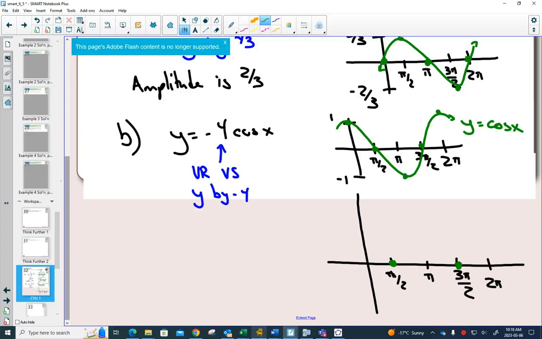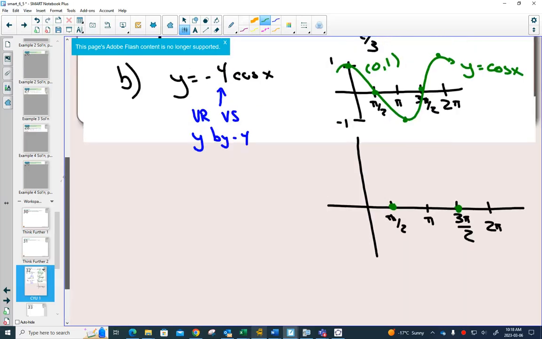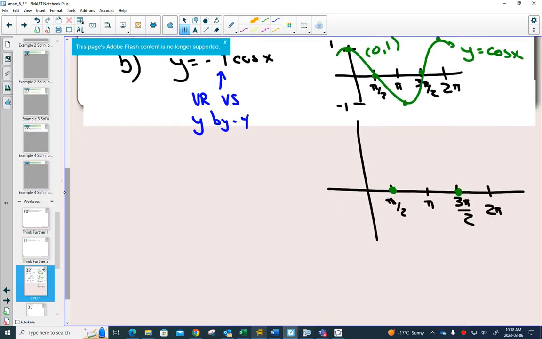But we had the point 0, 1. Can you see that now, if you multiplied your y by -4, you would now have 0, -4. This will be your new minimum.